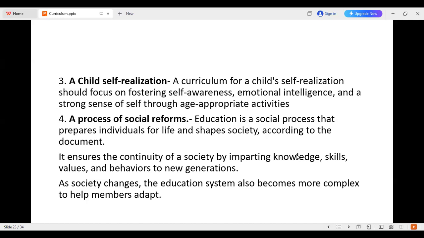The education we can divide into two major categories of benefits.